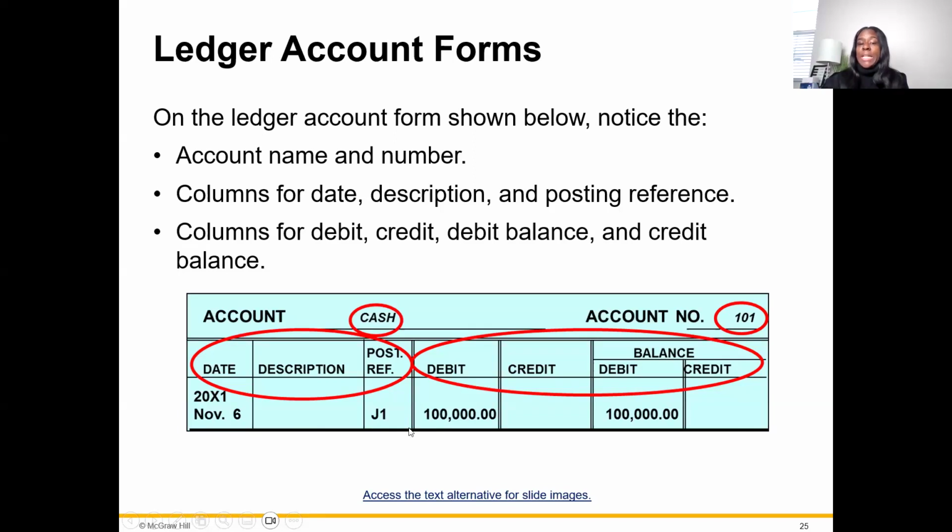So every time we put an entry in here, we update the balance. So we're going to take the information from the journal entries and post it to the ledger account. So there's going to be a ledger account for each account, for your cash, for your equipment, for your capital, for your withdrawal, for your accounts payable, for your revenues. There's going to be an account for each.